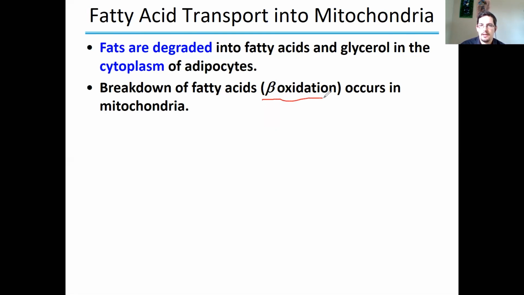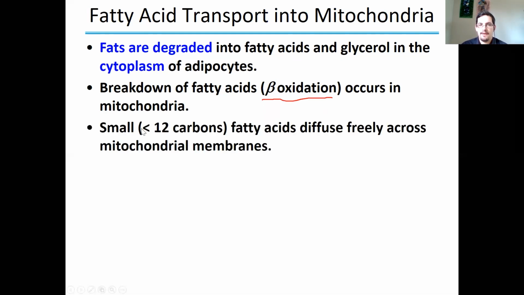So this is going to be our beta oxidation, which will occur inside our mitochondria. So first we have to, of course, transport inside the mitochondria, because our mitochondria has its own membrane that blocks transport of molecules across it.